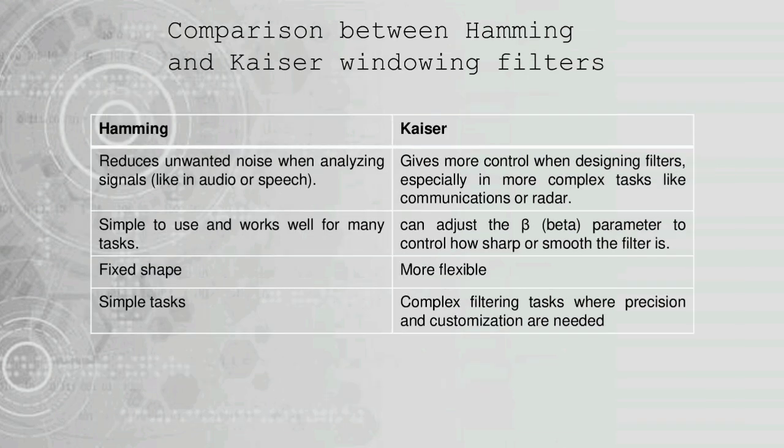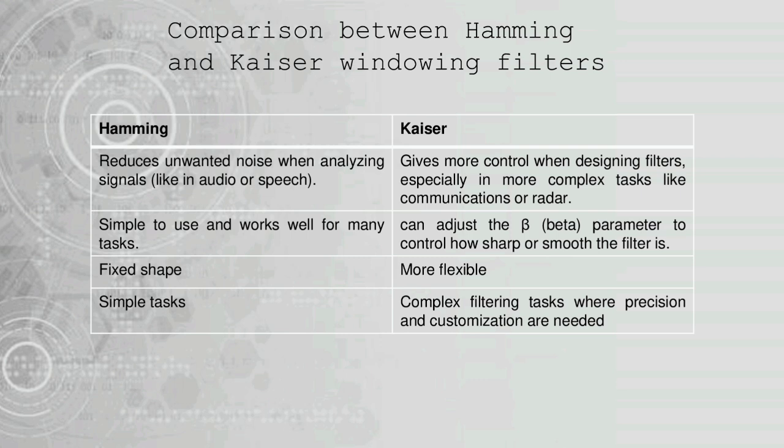Next, we go to the comparison between the Hamming windowing filter and the Kaiser windowing filter. Number 1, Hamming reduces unwanted noise when analyzing signals, while Kaiser gives more control when designing filters, especially in more complex tasks like communication or radar.